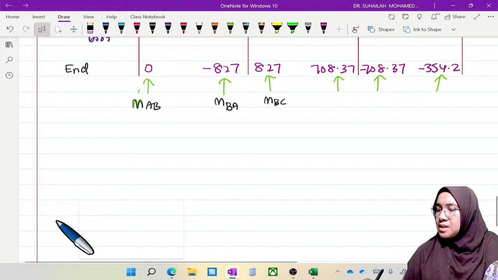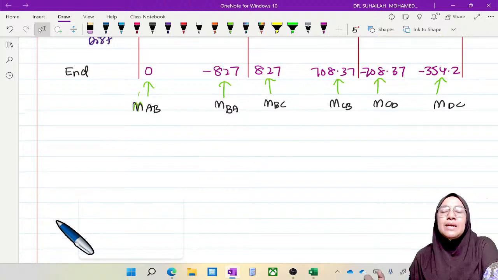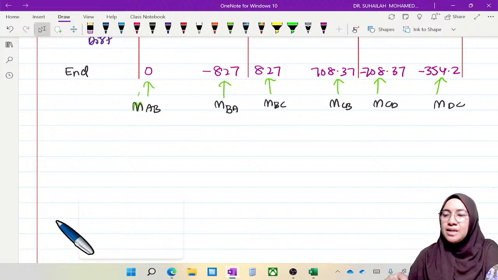So we will use these moments. Actually, from these values we can directly draw the bending moment diagram, because this is the internal moment. So having this, we can draw the BMD directly without the shear force diagram.